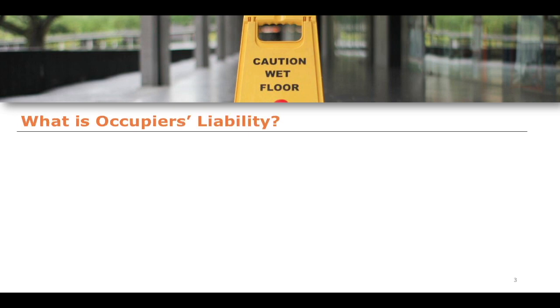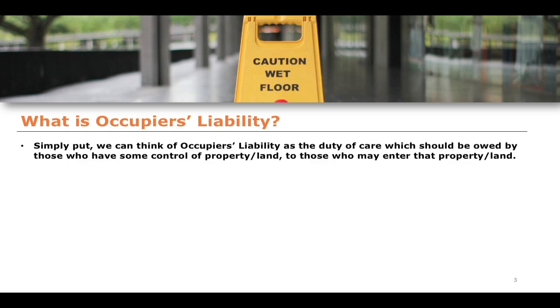So really, the first place that we should begin is by asking the question: what is occupiers' liability? What do we mean when we talk about occupiers' liability? What are we referring to? Well, simply put, occupiers' liability can be viewed and understood as the duty of care which ought to be owed by those who have some kind of control of property and or land to those who may enter that property and or land.